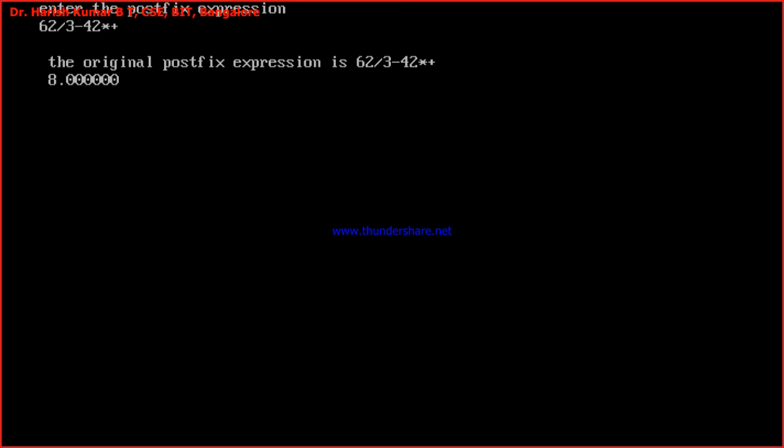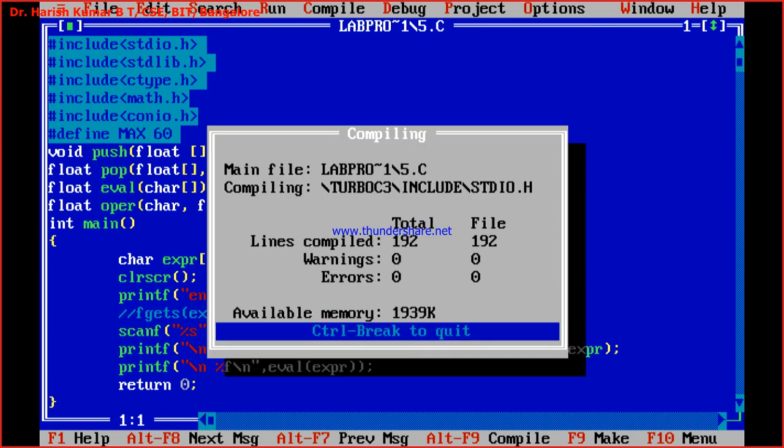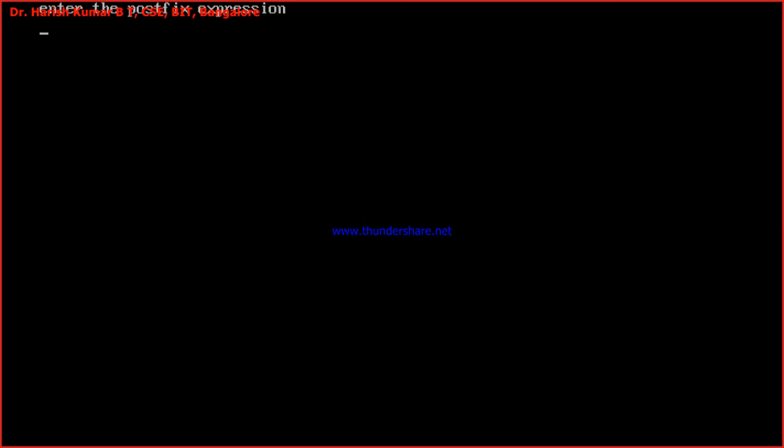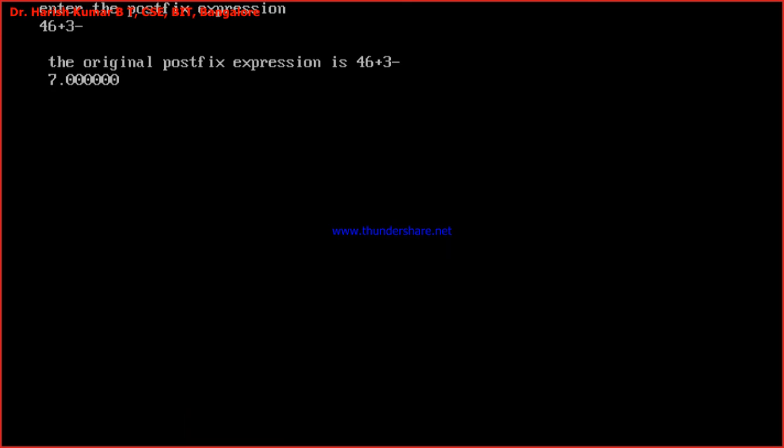Alt F5, and the result of this expression is 8. So now one more example. 4, 6 plus 3 minus. 7 is the answer for this.